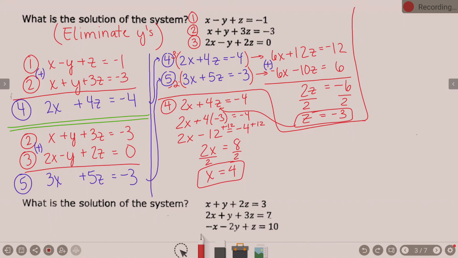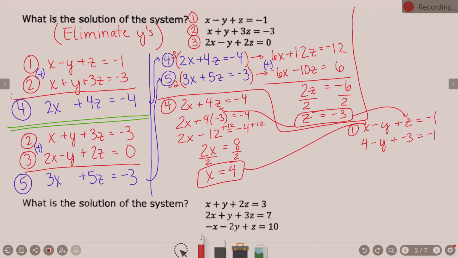So, where am I going here? If I use 1, x minus y plus z equals negative 1. So we're going to have 4 minus y plus negative 3 equals negative 1.